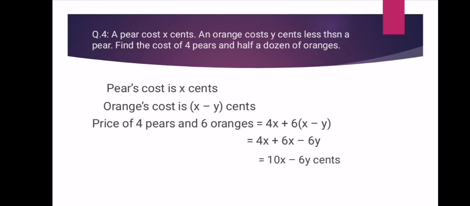Now in the next step I have multiplied this 6, which falls outside the bracket, by both the terms inside the bracket. So I got 4x plus 6x minus 6y, and then I simplified the terms involving x. So I got 10x minus 6y, carried down as it is. We cannot further simplify that. So 10x minus 6y cents. This is the cost of 4 pears and half a dozen oranges.